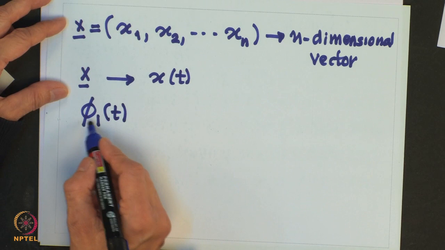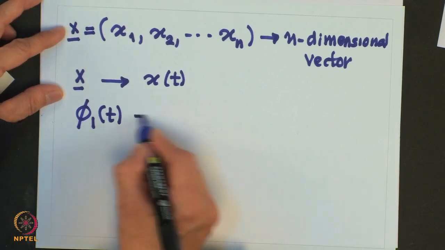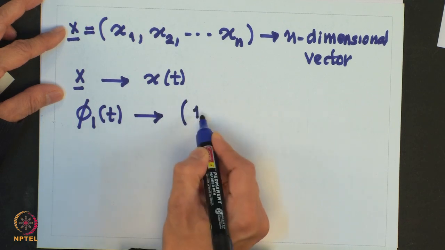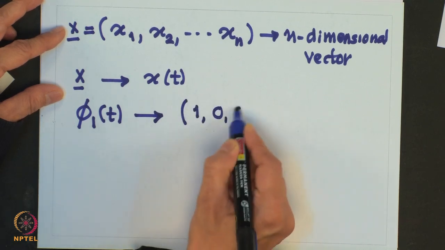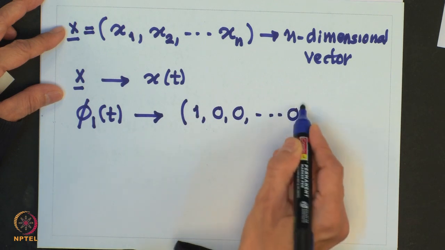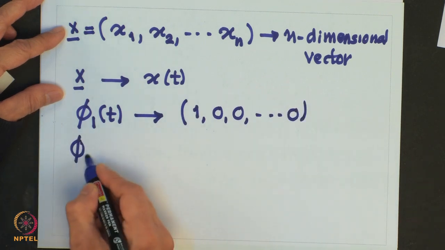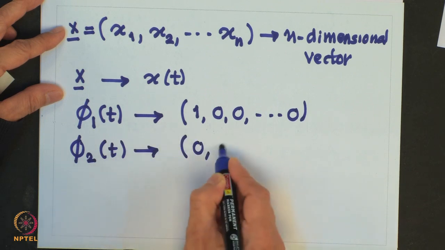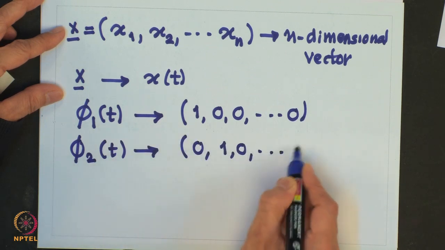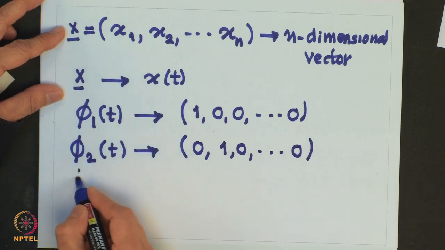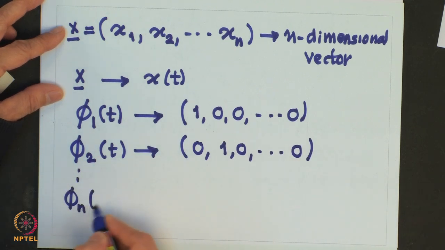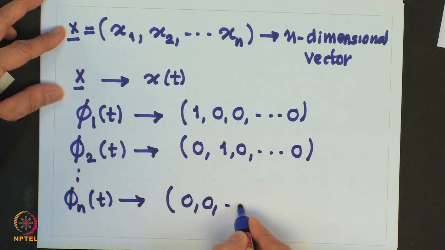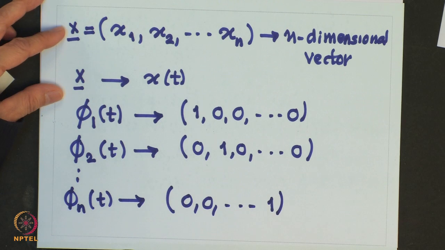This means that the basis signal phi 1(t) can be represented by a corresponding basis vector as 1, 0, 0, and phi 2(t) can be represented as 0, 1, 0, and phi n(t) would be represented as 0, 0, 1.